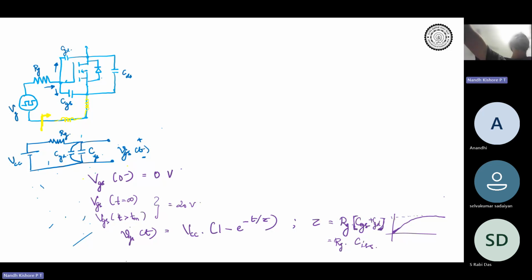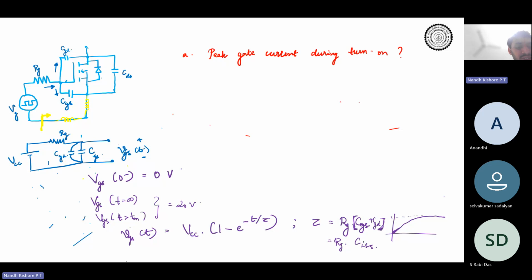So the first part of the question is, what is the peak gate current during turn on?